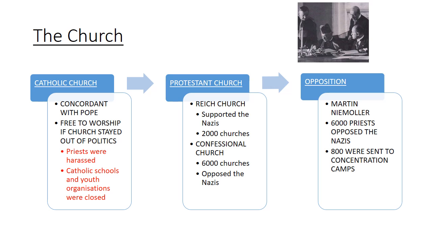They generally opposed the Nazis. The main opposition leader is a guy called Martin Niemöller, and about 6,000 priests opposed the Nazis, and about 800 were sent to concentration camps. So all in all, the Nazis understood the threat the church posed, and they dealt with it, picked them off one by one. But even so, the church was still quite a powerful critical voice of the Nazis.